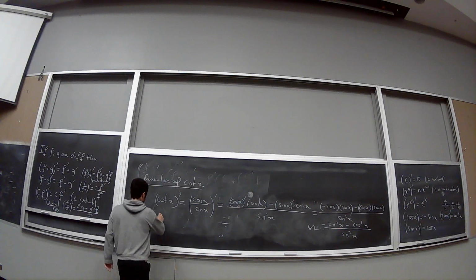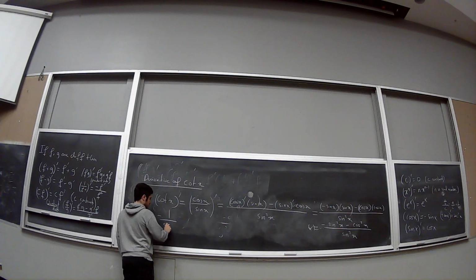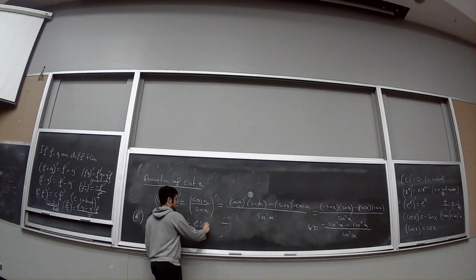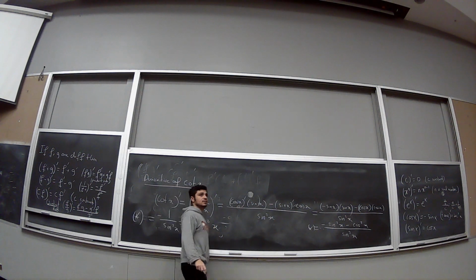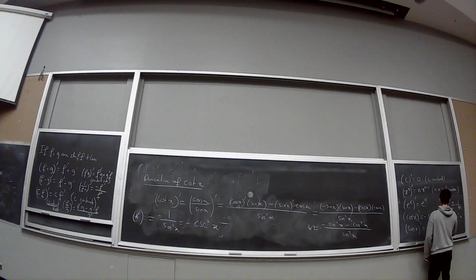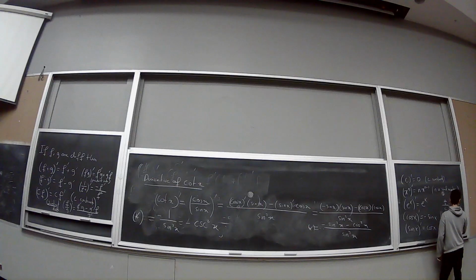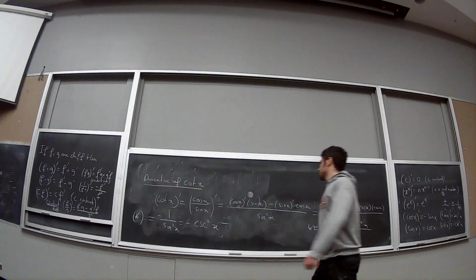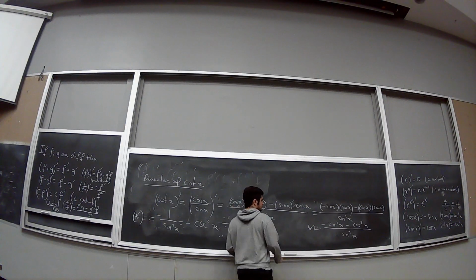So it's minus 1 over sine squared x. This is minus cosecant squared x, right? The derivative of cotangent x. Okay? Great. Let's do one more.